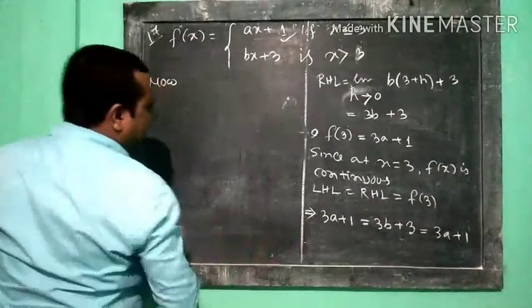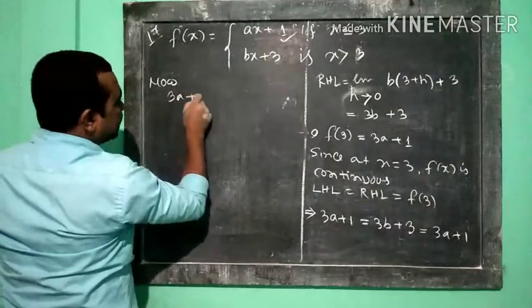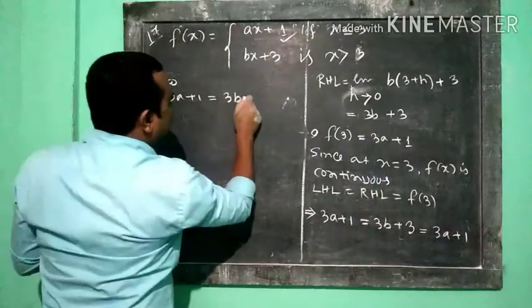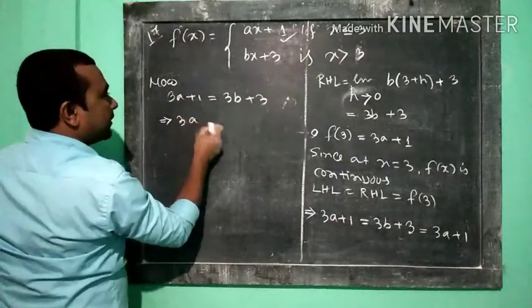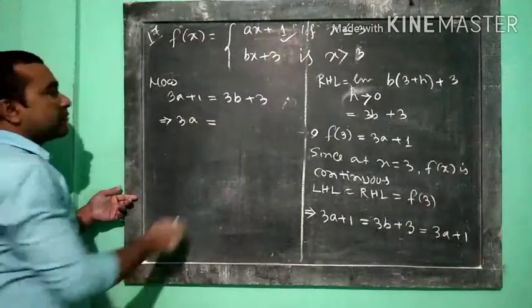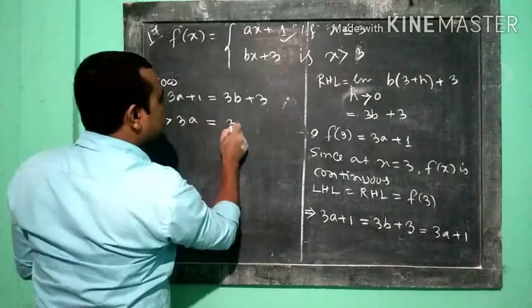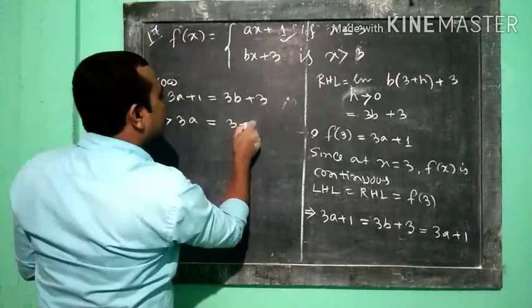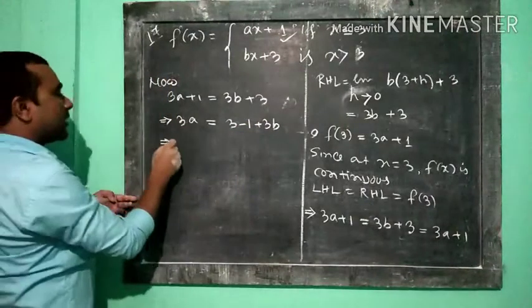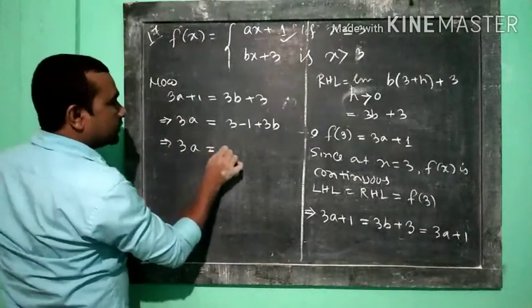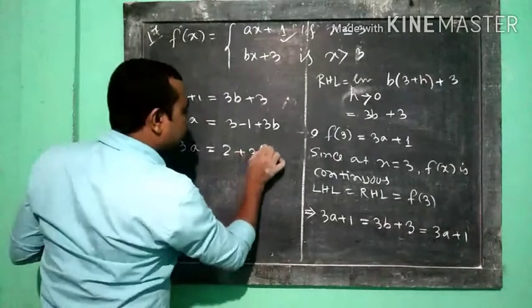Taking the first two, we get 3a plus 1 equals 3b plus 3. That implies 3a equals 3 minus 1 plus 3b, so 3a equals 2 plus 3b.